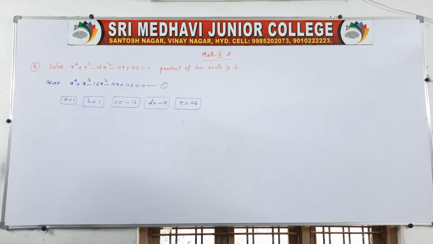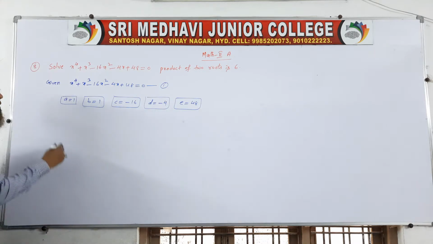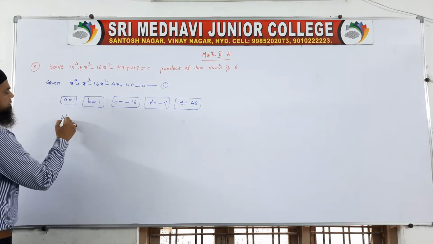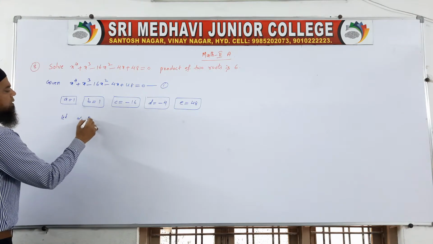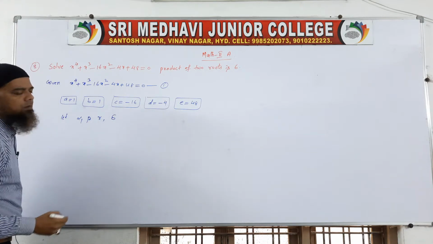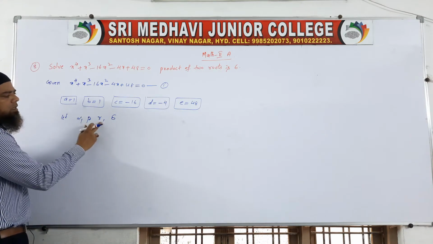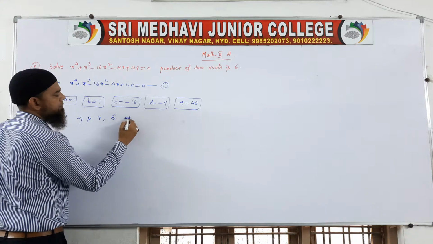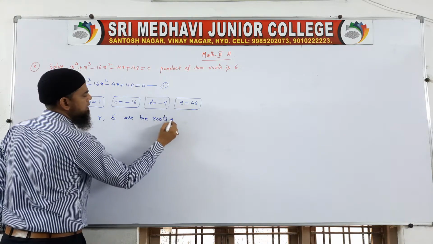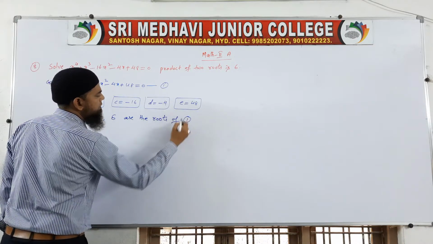Here it is a fourth degree polynomial, so we have to take 4 roots here. Let alpha, beta, gamma, and delta be the roots of equation 1.